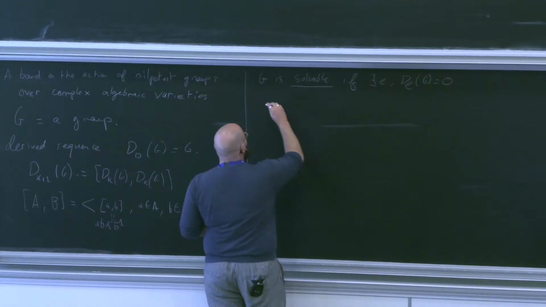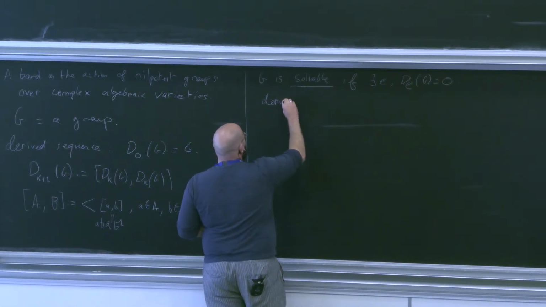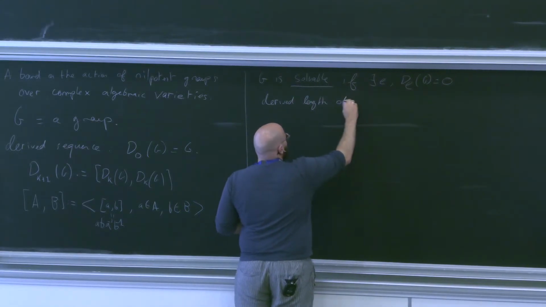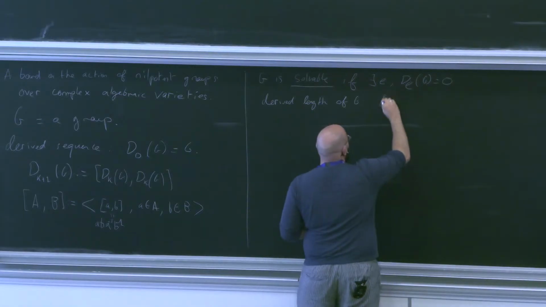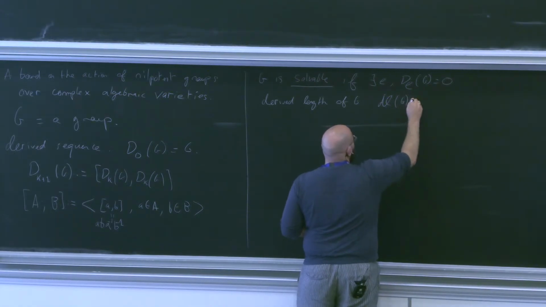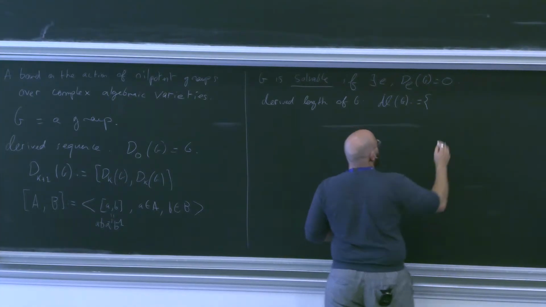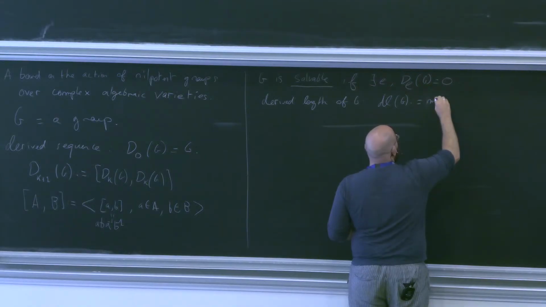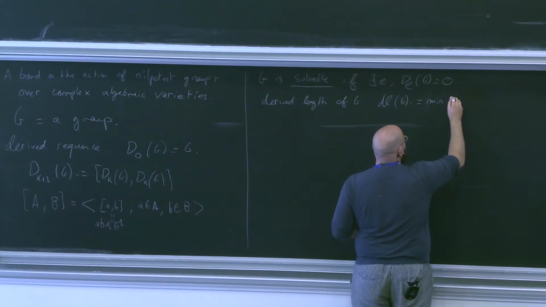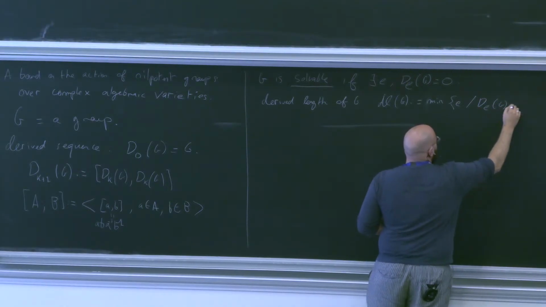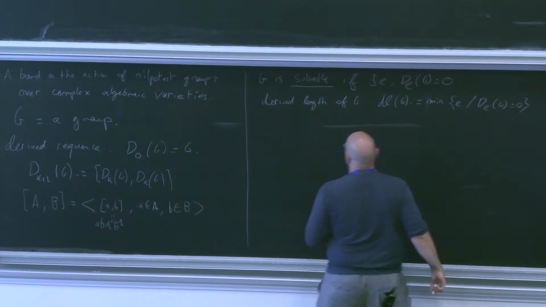And we define the derived length of G, dl of G. This is the derived length, sorry, this is the minimum, the first time the sequence stops. Okay.